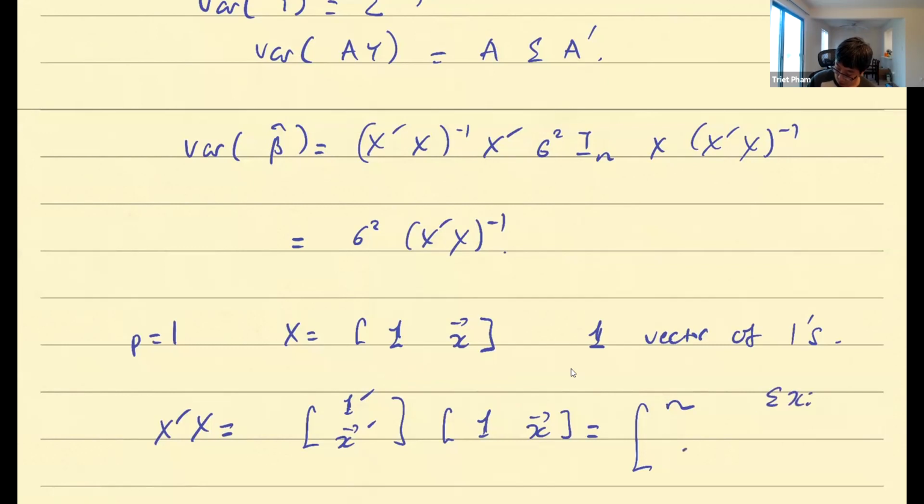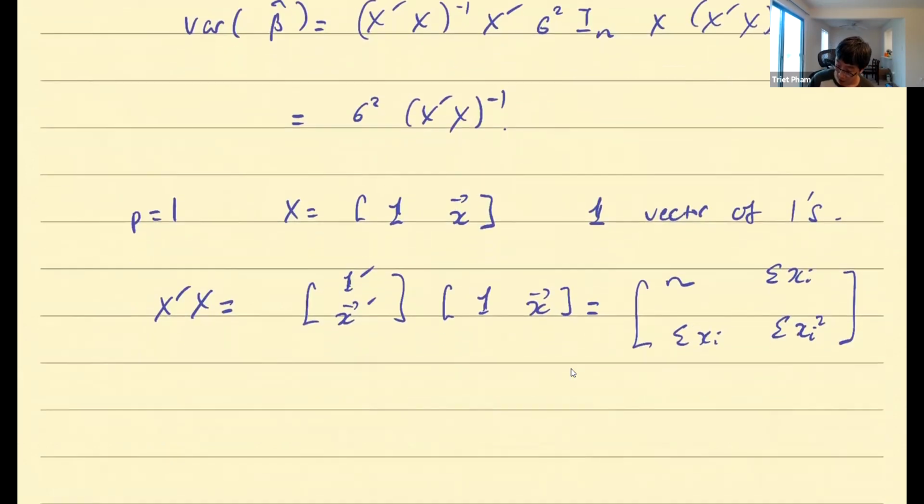X transpose times 1 is sum of Xi. X transpose times X is sum of Xi squared. If you factor out the N, you'll get 1, X bar, X bar, sum of Xi squared over N.